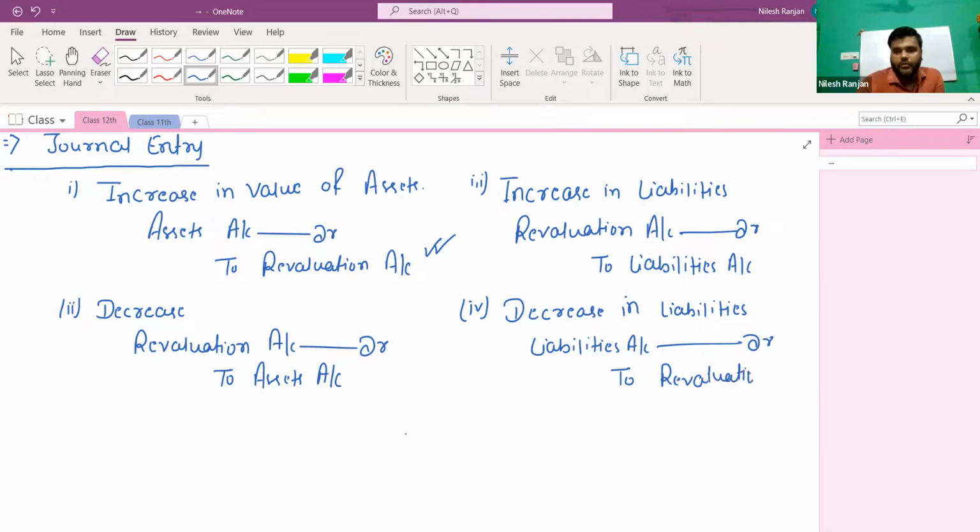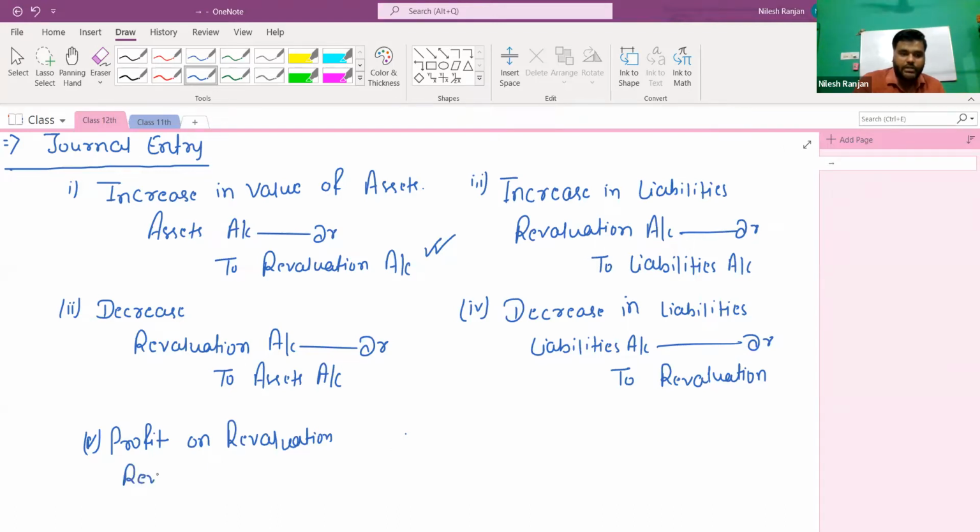Okay. Now we have to distribute the profit or loss on revaluation between partners. So profit or loss on revaluation will be distributed between partners in their old ratio. If there is profit on revaluation, then it will be distributed between partners and increase the capital of partners.